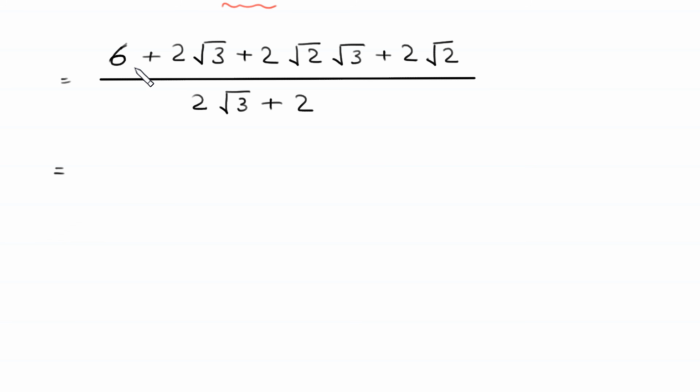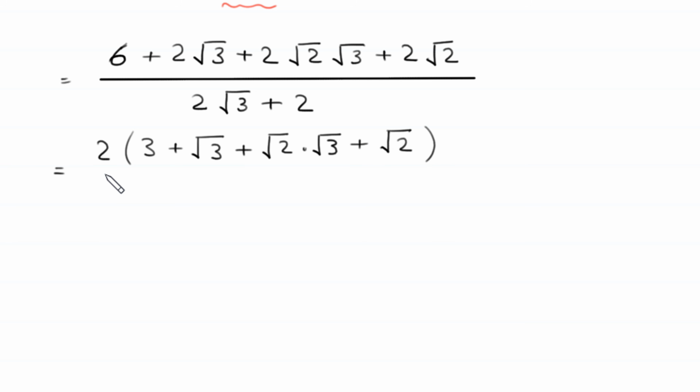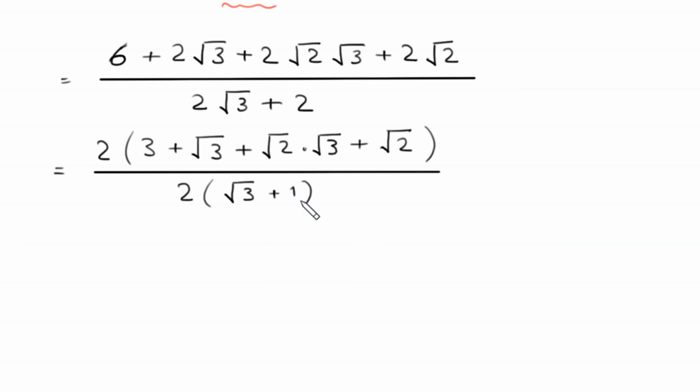Next, from the numerator we can factor out 2 as a common factor, and in the bracket we are left with 3 plus square root of 3 plus square root of 2 times square root of 3 plus square root of 2, divided by, from the denominator we can factor out 2 as a common factor, and in the bracket we are left with square root of 3 plus 1.